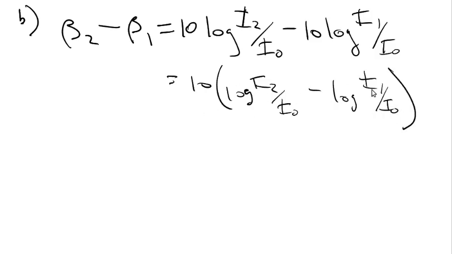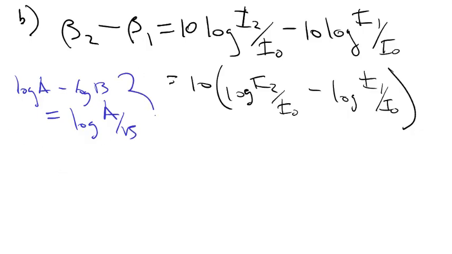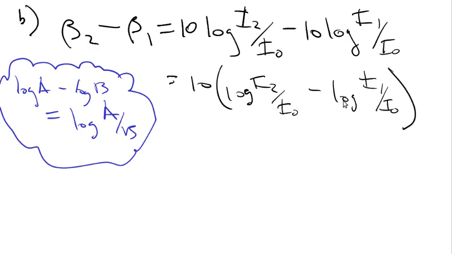And we're left with this difference of logs. It's a basic fact, or a fundamental fact of logs, that the log of A minus the log of B is equal to the log of A over B. And we're going to use this fact right now, because we're going to use it right here.